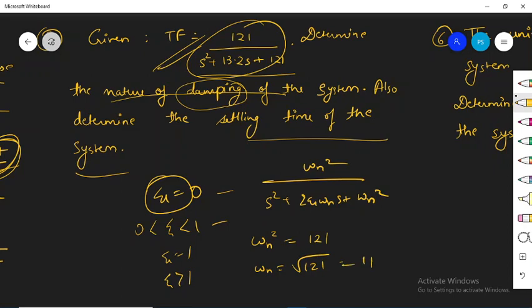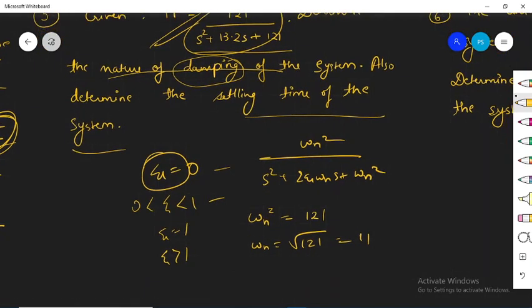And we can compare that the coefficient of s is 13.2. This should be compared with the coefficient of s in the standard second order system, it's 2 zeta omega n. So omega n you already know, its value is equal to 11. Hence you can find out zeta. Zeta's value will be 13.2 divided by 2 into 11.